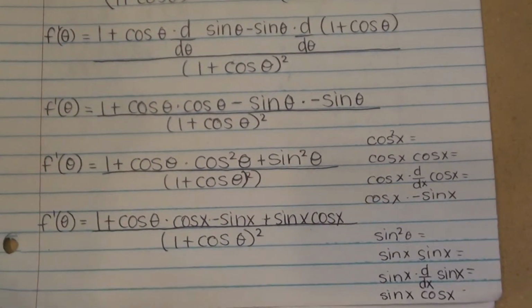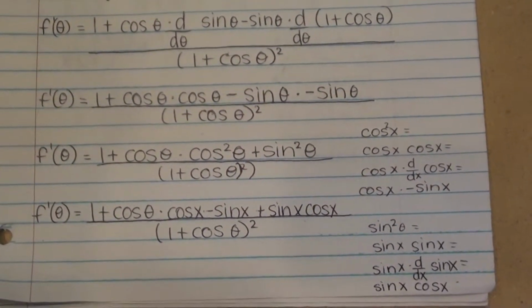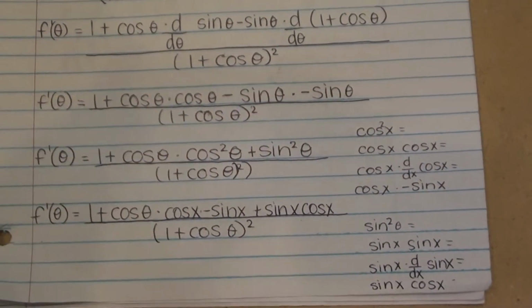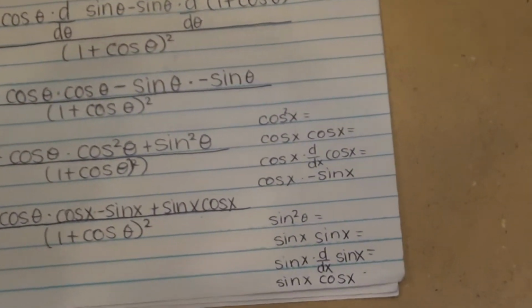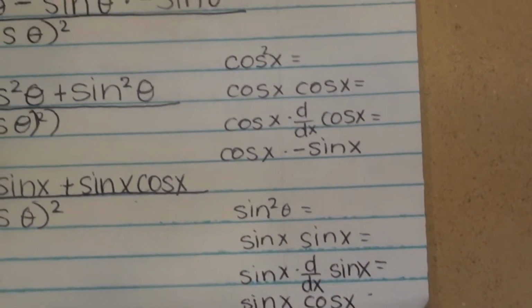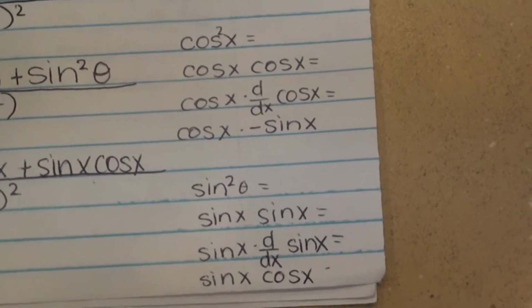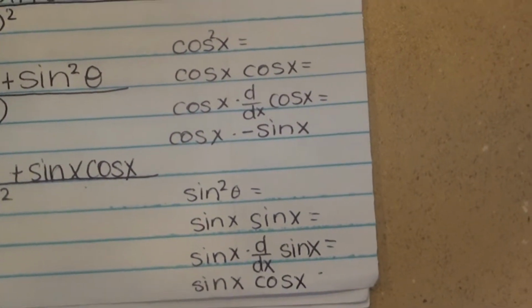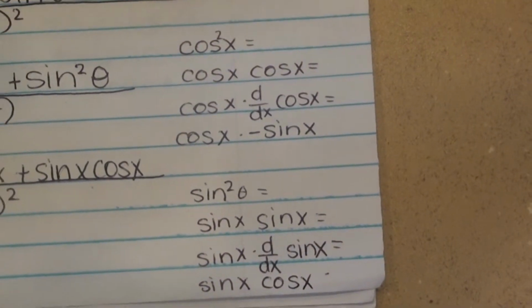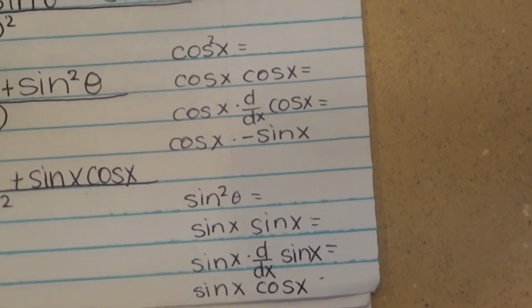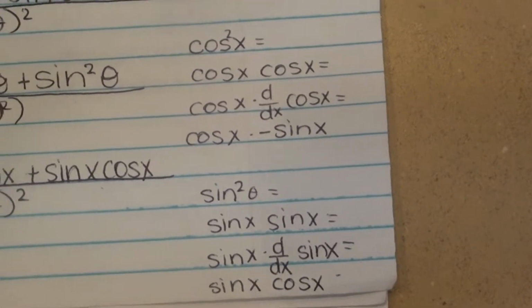Now, when you have your trigonometry function squared, you have to reduce them. I reduce them over here to the side. Cosine squared x equals cosine times cosine, which equals cosine times the derivative of the second cosine function, and that is now cosine x times negative sine x.